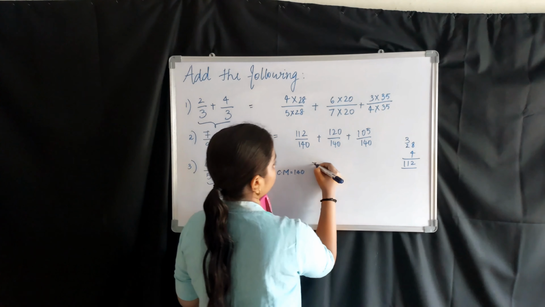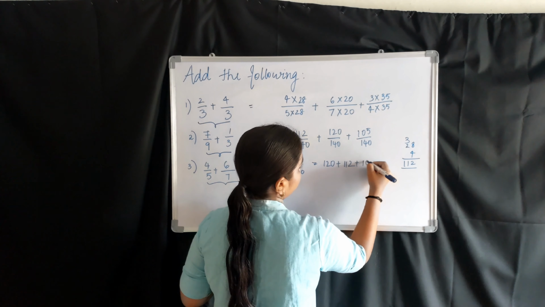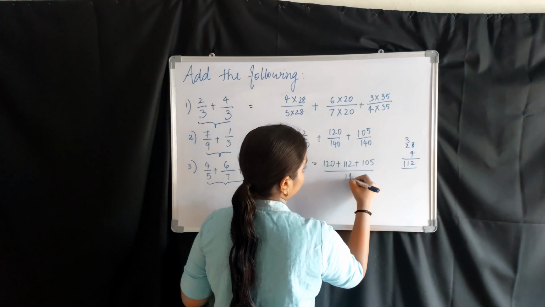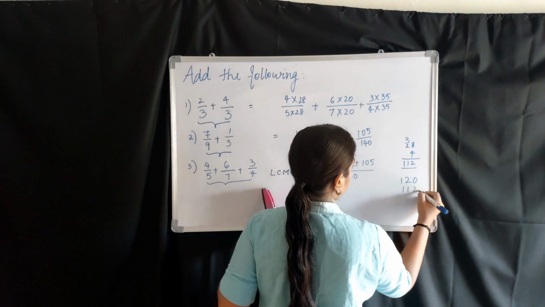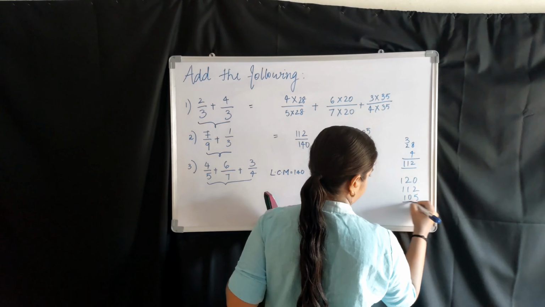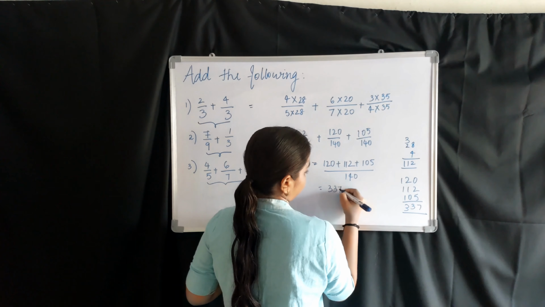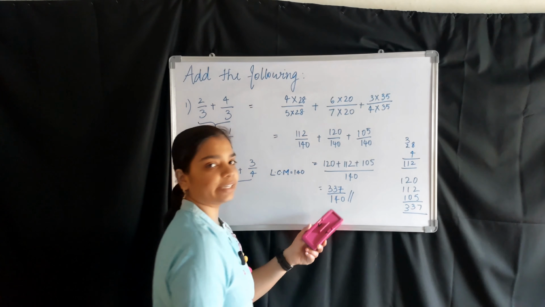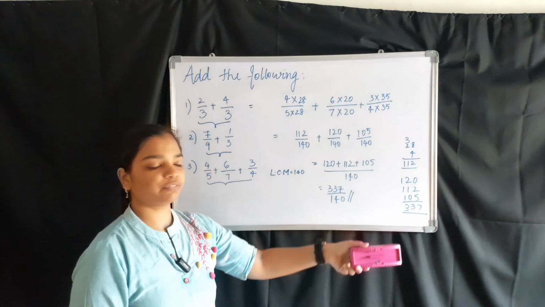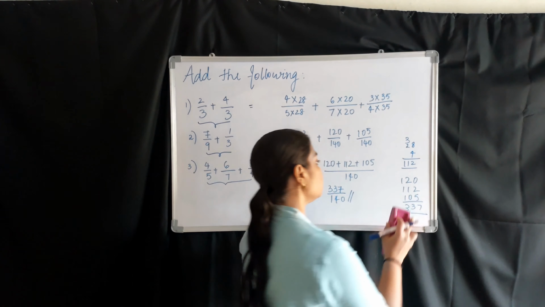Now we just have to add the numerators and write the answer. 112, 120 and 105 gives 337 by 140. This is again improper. You can simplify it into a mixed fraction if you want.